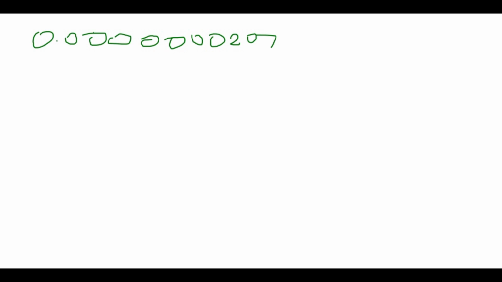Now feel free to try out this example. Now remember, we're going to move this decimal point behind the first significant figure, which is 2. It's going to move 1, 2, 3, 4, 5, 6, 7, 8.